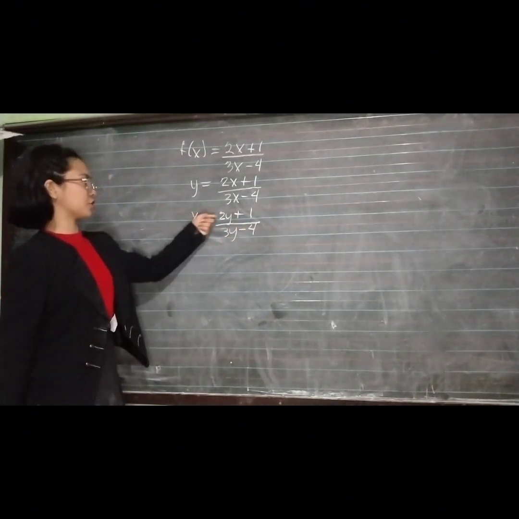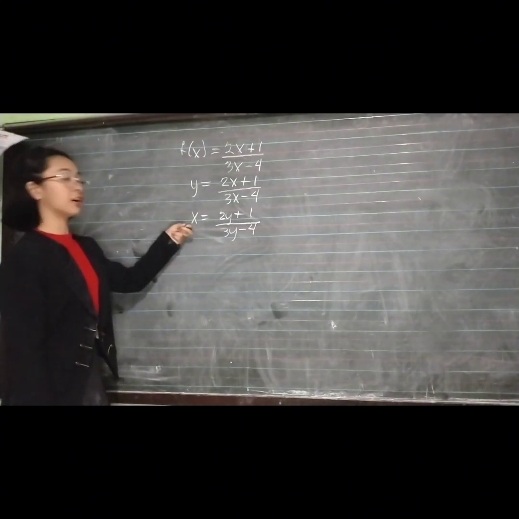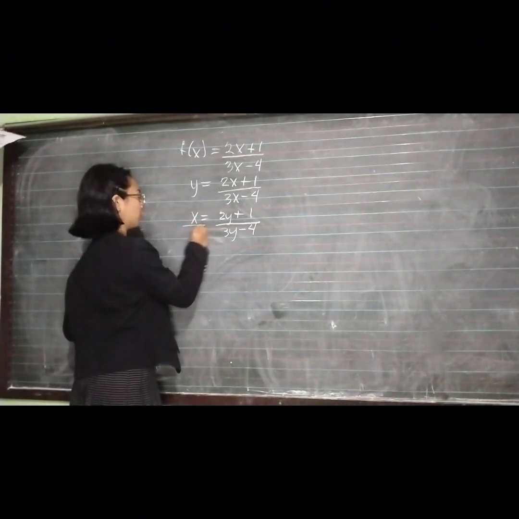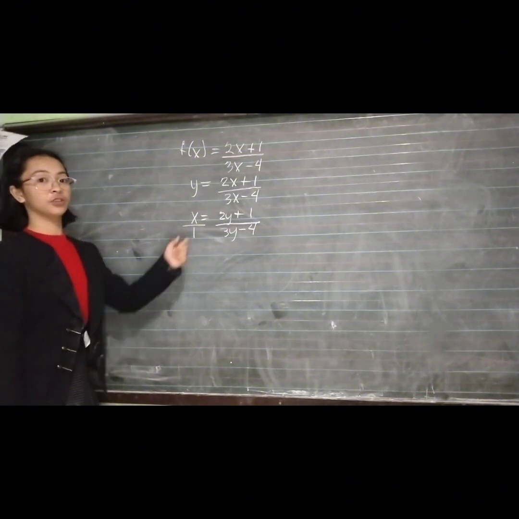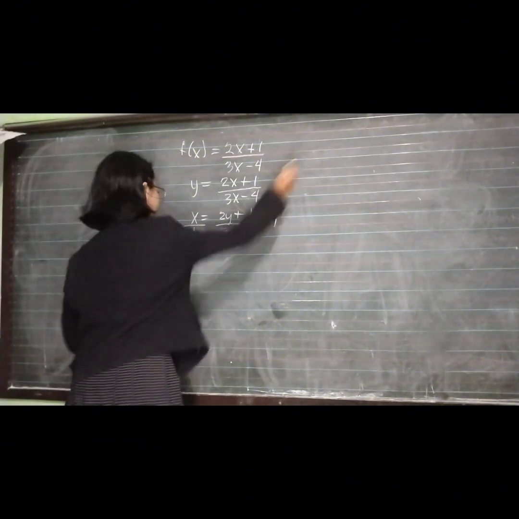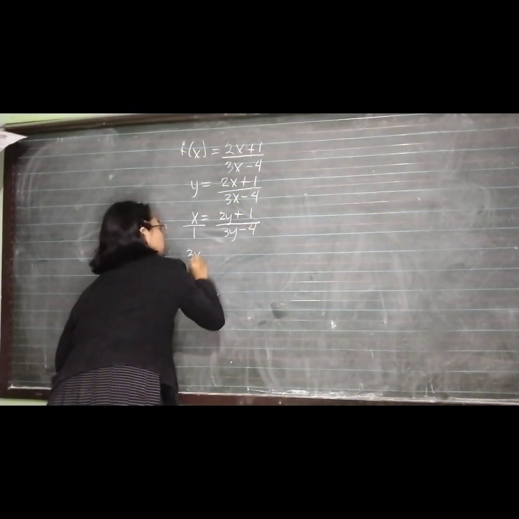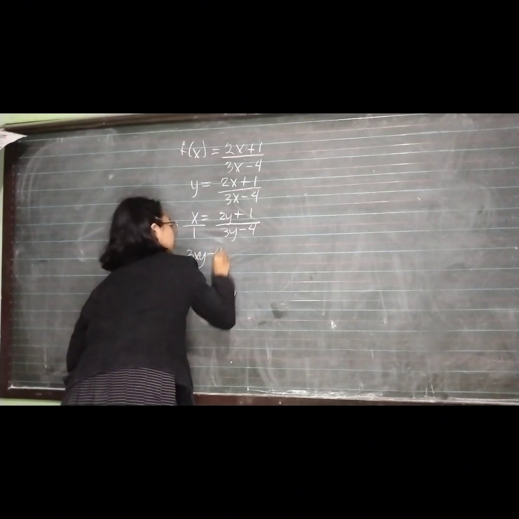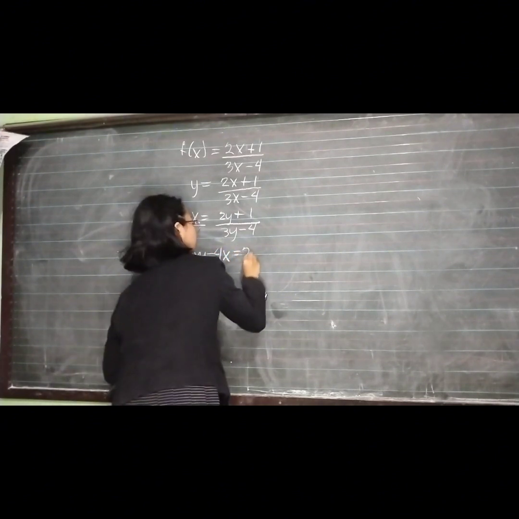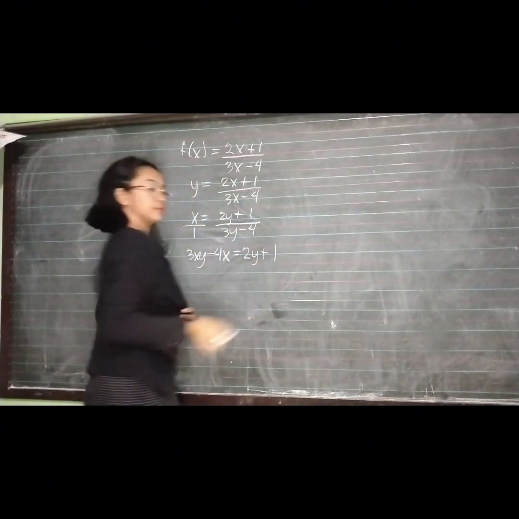And then, since it is over, the variable has a constant of over 1. Then you have to cross multiply it. So this will become 3xy minus 4x equals 2y plus 1.